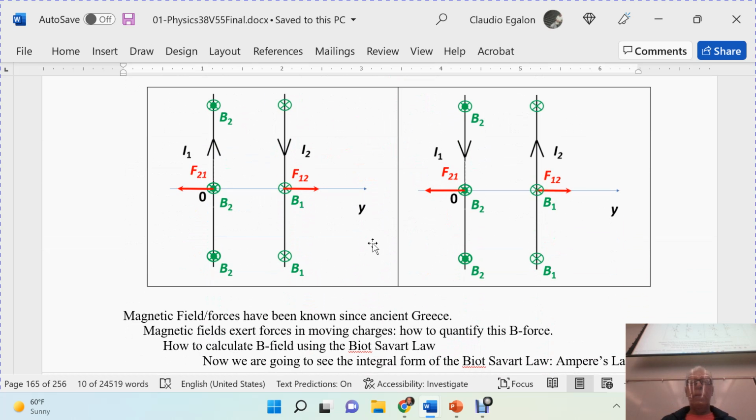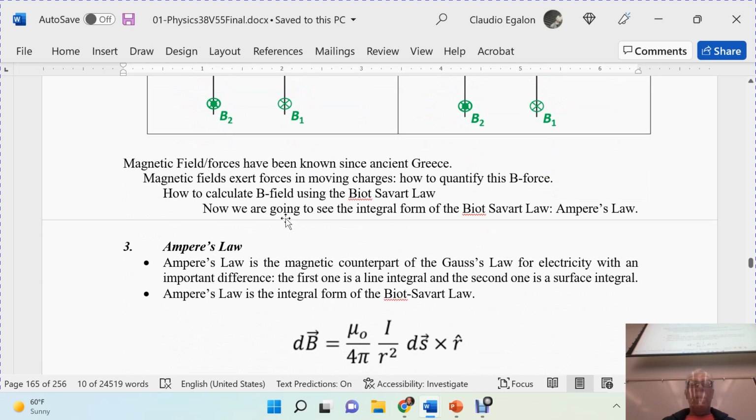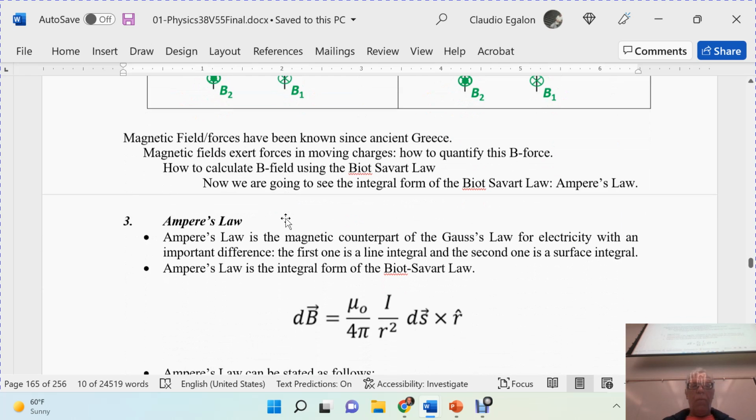Those 2 forces are the same magnitude, right? Because you have 2 interacting objects, and you apply Newton's third law. Newton's third law works for the magnetic force as well.